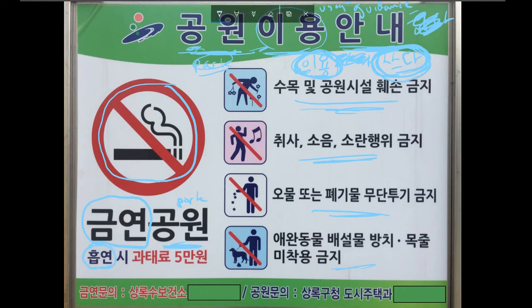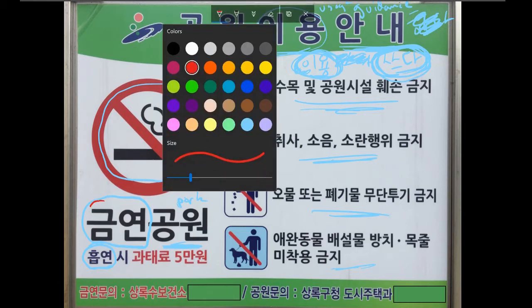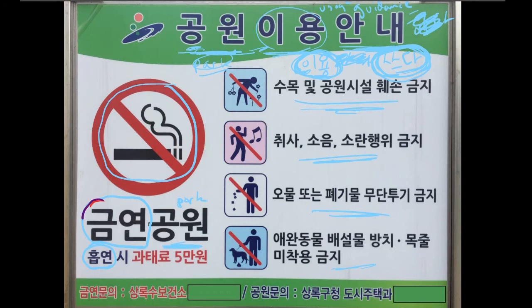Now, when I talk about that, let's get another color here so we can see this better. Red's not good because I have a red circling the no smoking sign. Let's go purple. This kum is put before, in some words like this where there's two syllables, and it doesn't always have to be two syllables, to say that something is not done, or should not be done, or won't be done.